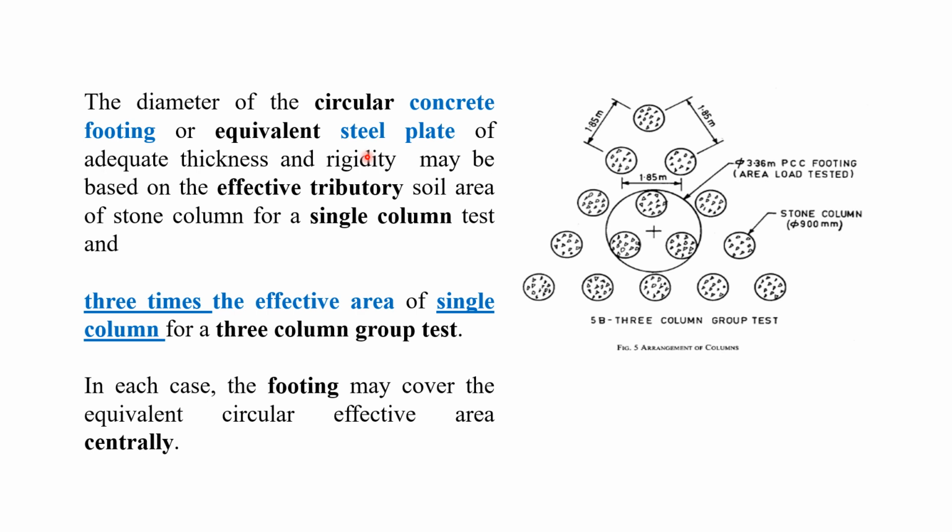What is the tributary area? As we have seen for a single stone column in the previous slide, the effective De is equal to 1.05 times the spacing, right? And by multiplying that we get 1.94, right? So these things we have to remember.